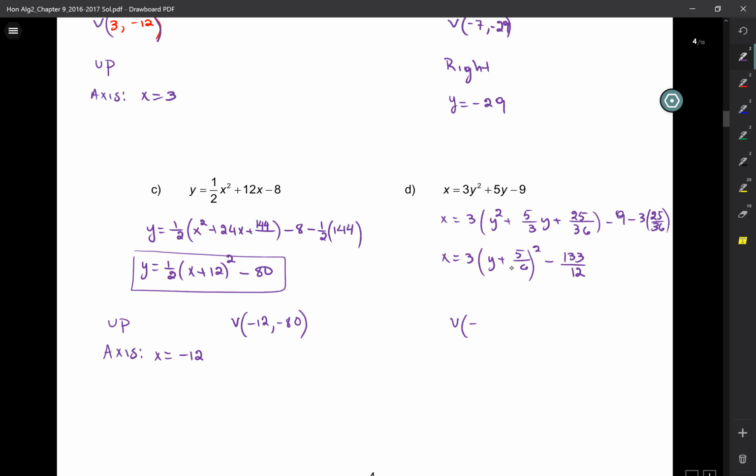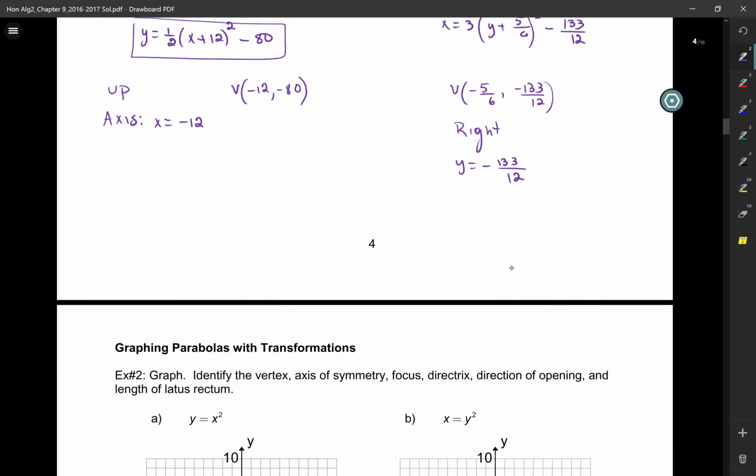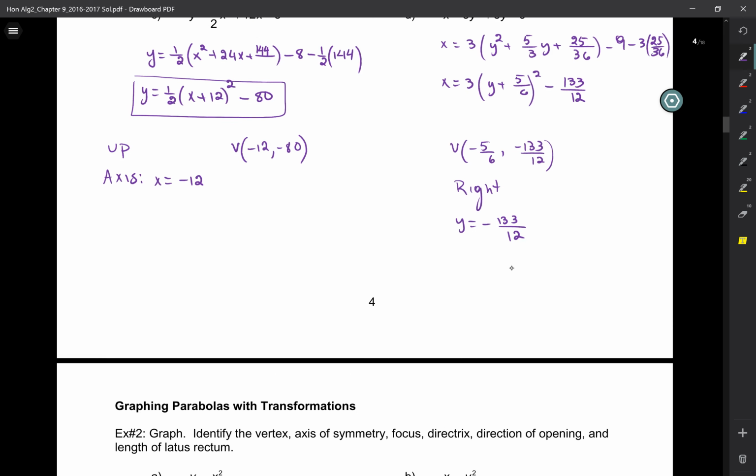So the vertex is -5 over 6, -133 over 12. It opens right, and the axis of symmetry is y equals that horrendous looking number. All right.